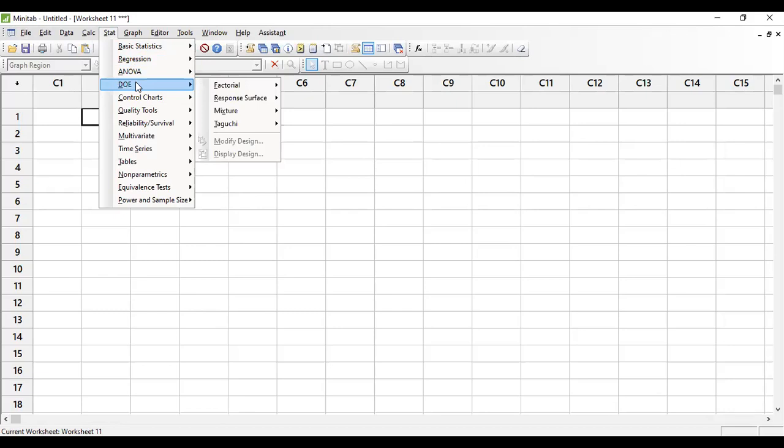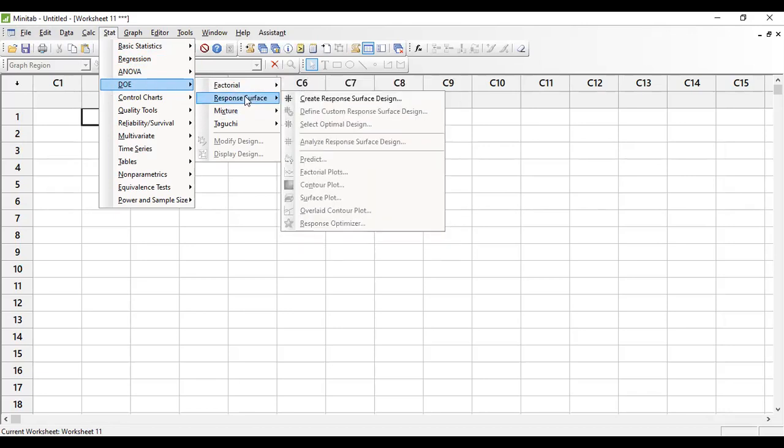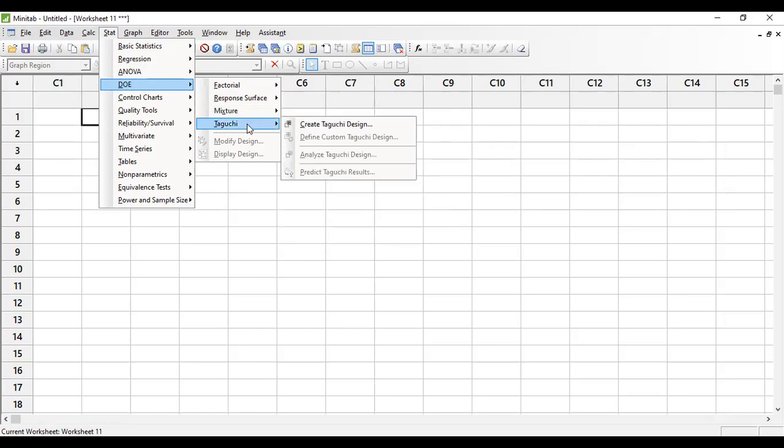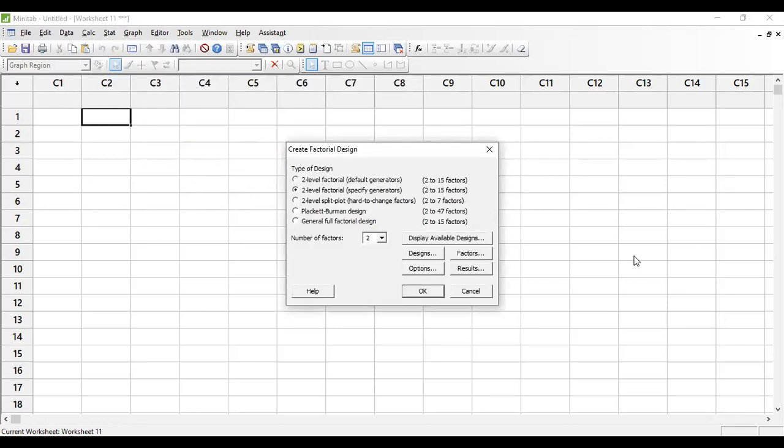Under design of experiment, you can see factorial designs, response surface design, mixture designs, and Taguchi designs. Right? Then you can use all these things. As an example, you can do factorial design. Right? Then you can see this diagram, 2-level factors.